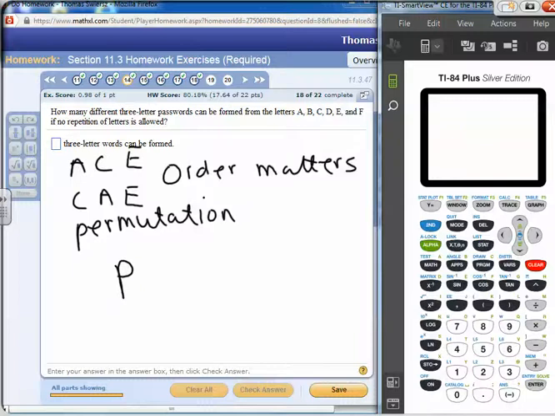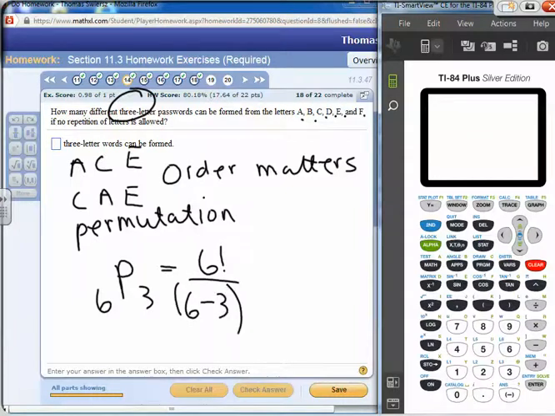The total number we have is 1, 2, 3, 4, 5, 6 letters, and we're selecting 3, so the answer is 6P3. Again, it is the number on the left factorial, divided by n minus r factorial, so 6 times 5 times 4 times 3 factorial, over 6 minus 3, which is 3 factorial.